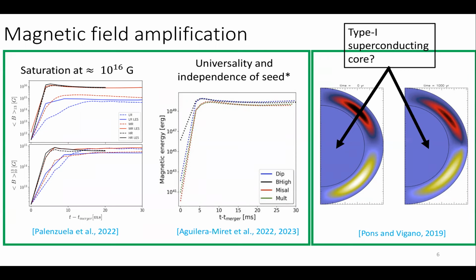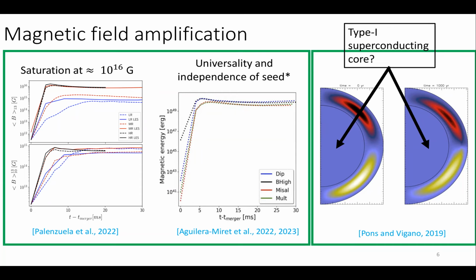And the plot that Carlos Valenzuela has shown already yesterday is that they were able to achieve a saturated state at an average of 10 to the 16 Gauss in the highest density region of the binary neutron star merger by using high resolution simulations, medium resolution simulations with LES, and also high resolution simulations with LES. I'm referring only to the three highest curves in the top panel on the left-hand side.